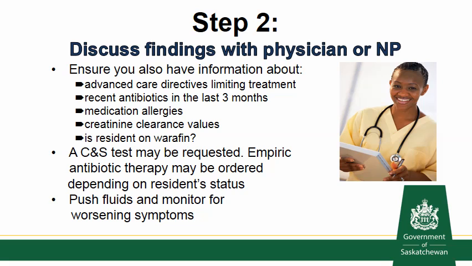A culture and sensitivity test is usually necessary to see what organisms or organism may be causing the infection. If an antibiotic is prescribed, the culture and sensitivity will confirm whether the antibiotic is a good match. Ensure that the resident is well hydrated and monitor for worsening symptoms or improvement.